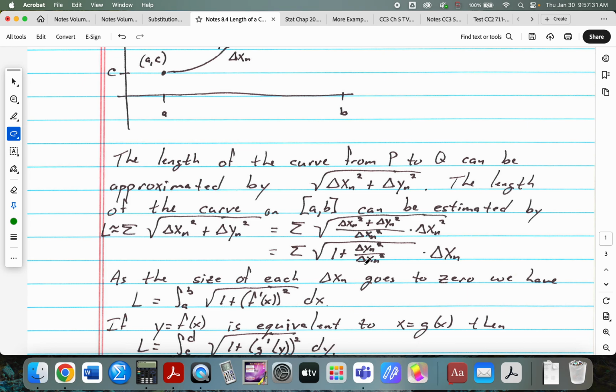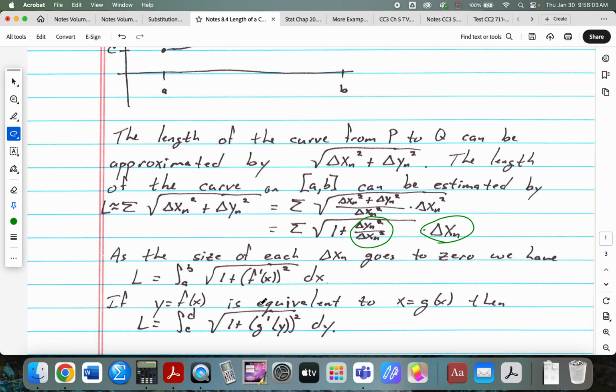The change in y over the change in x is the slope, which is the derivative. So we've got the integral from a to b of the square root of 1, that's the one that's here, plus, that's the plus that's here, the slope squared, so it's the derivative squared, times, instead of delta x, we'll call it dx. It's infinitesimally small. It's kind of the way that we think about it.